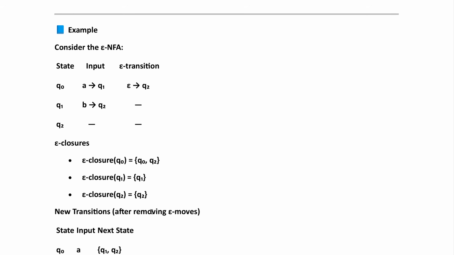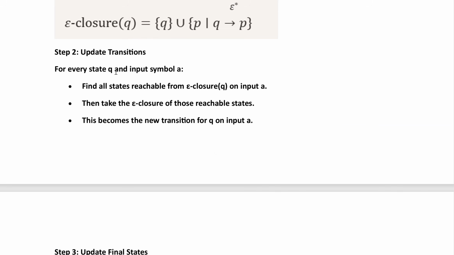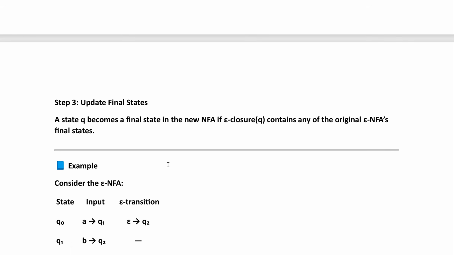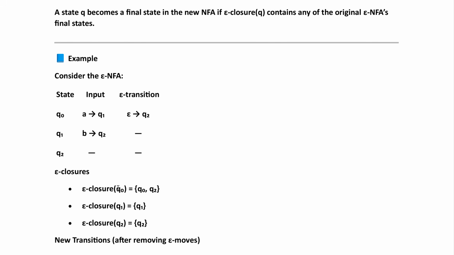Sorry, let me explain this removal of epsilon move step again. Let us see the step. We have to update the transitions for every state Q and input symbol A. Find all the states reachable from the epsilon closure of Q. What does it mean? The epsilon closure of Q0 is Q0, Q2.